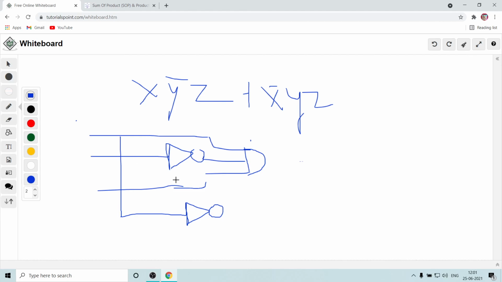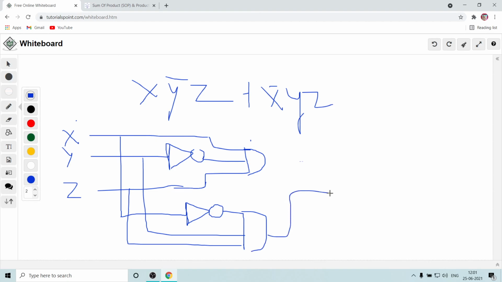So this is my x, this is my y, this is my z, then this is my y, this is my z. Okay, so all this is connected to an AND gate and further they are connected with an OR gate. So we get this circuit of three variables.